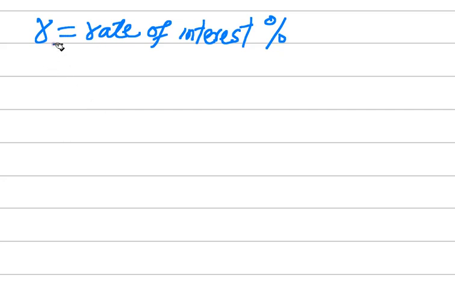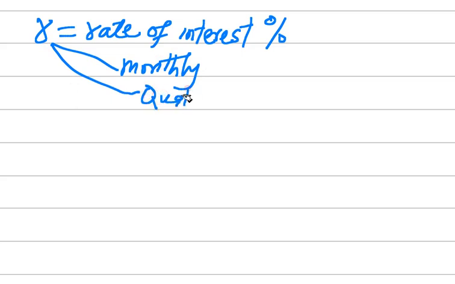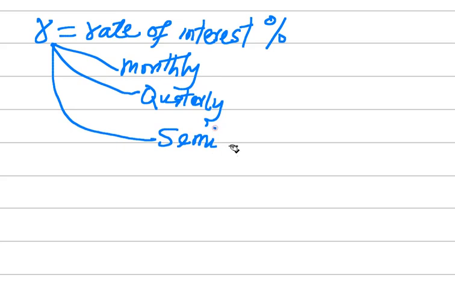And R can be compounded monthly, just as we have it in N. We can have monthly, we can have quarterly, we can have semi-annually. Semi-annually means twice a year.